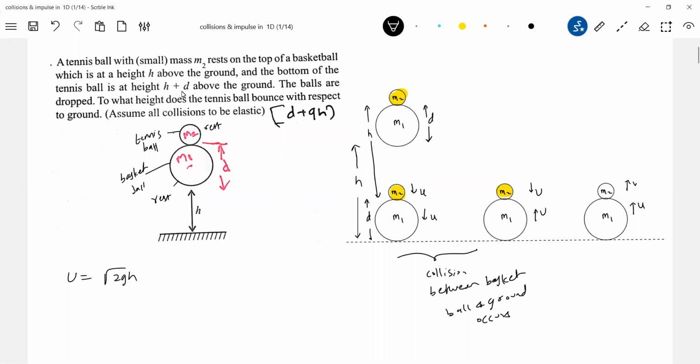Only this one will change. To what height will this tennis ball rise from the ground is asked. So this should be equal to d. We have to calculate the value of v.